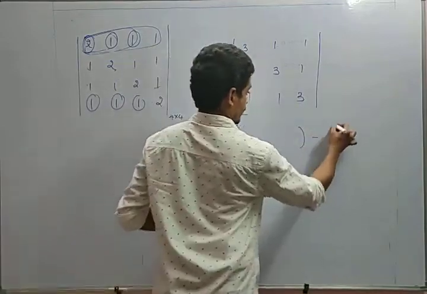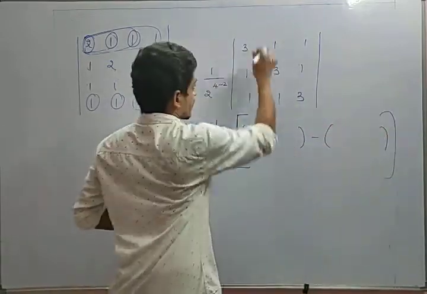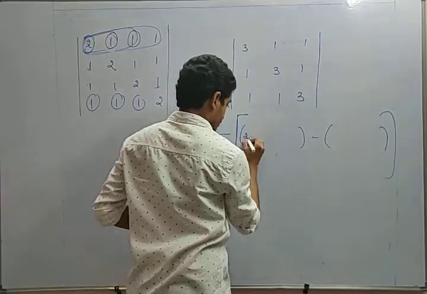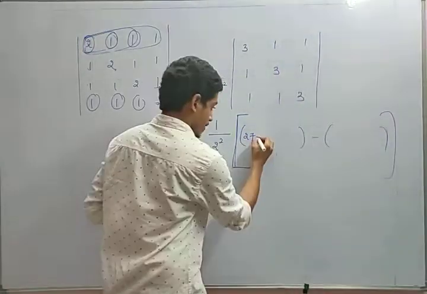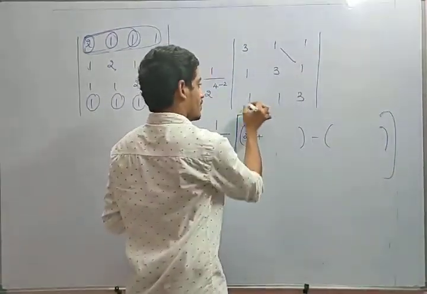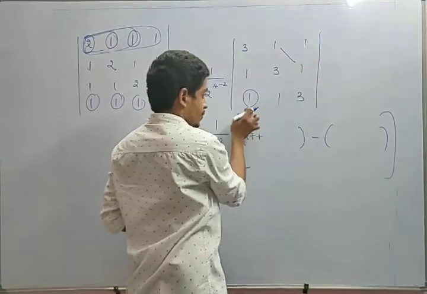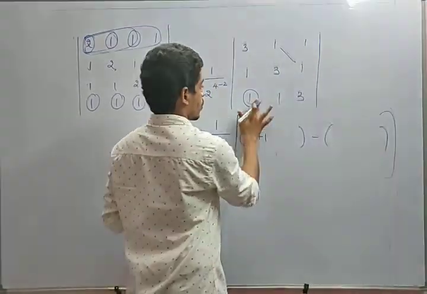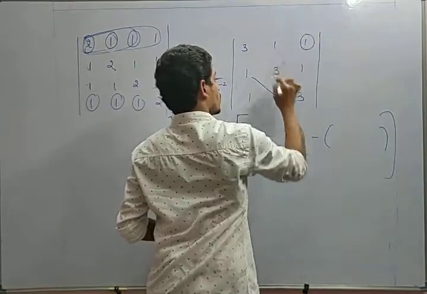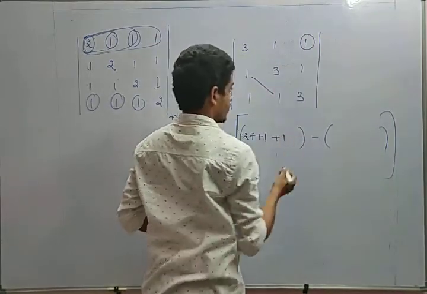Multiply these 3, 3 3's are 9, 9 3's are 27, right? Plus, first multiply these 2 with the product of this, 1 into 1 into 1, it's 1, right? Next, the product of these 2 and this 1, 1 into 1 into 1, it's 1, finish.